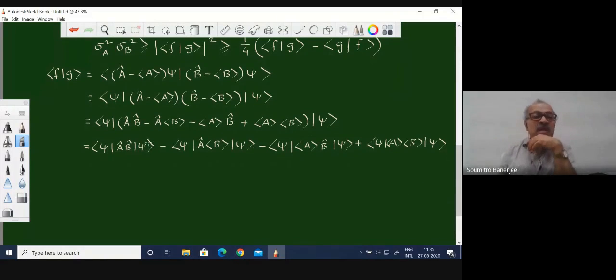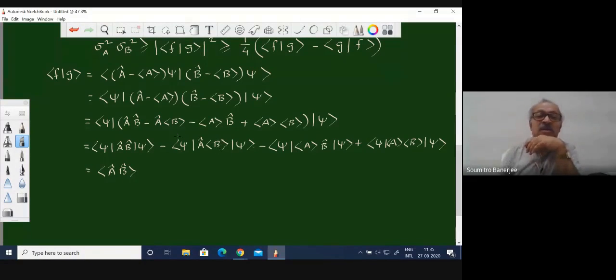Now you see, what is this? This is nothing but the expectation value of a hat b hat. So we'll write expectation value of a operator, b operator. What is this? B comes to the front because it is just a number.